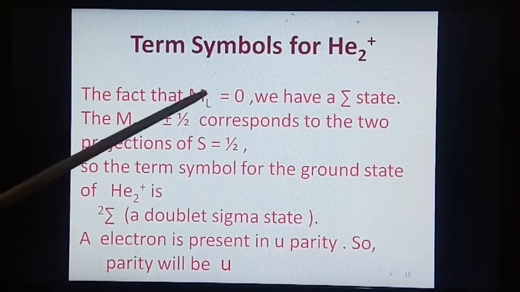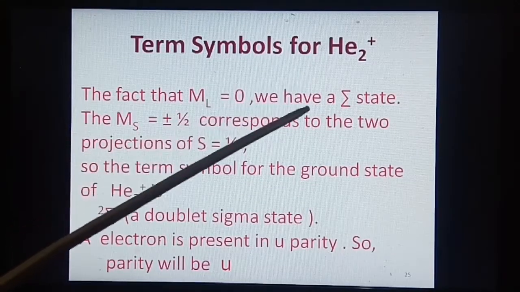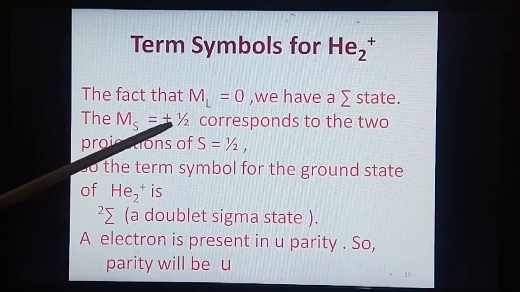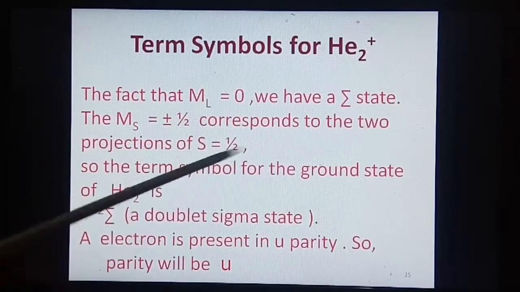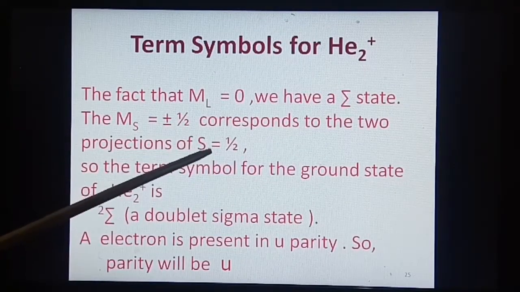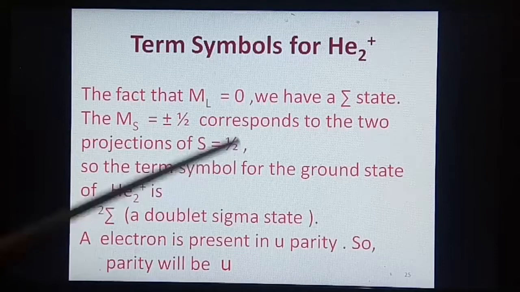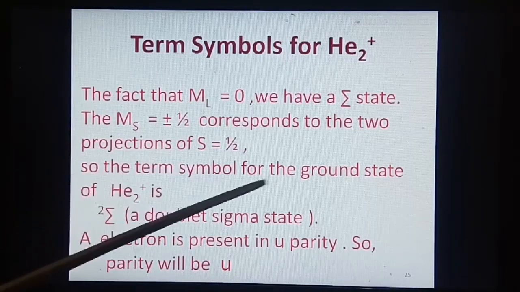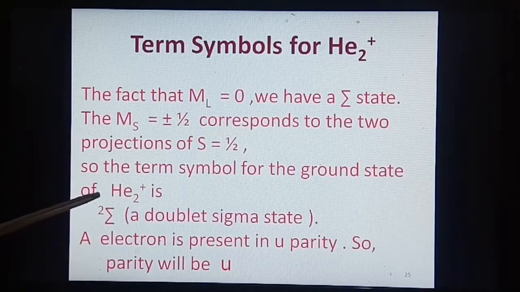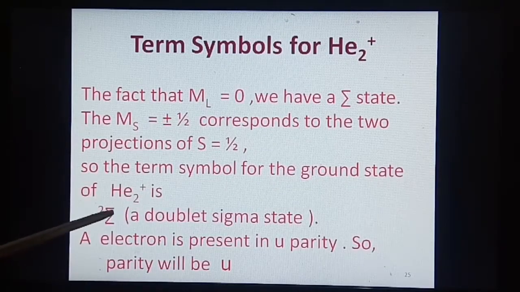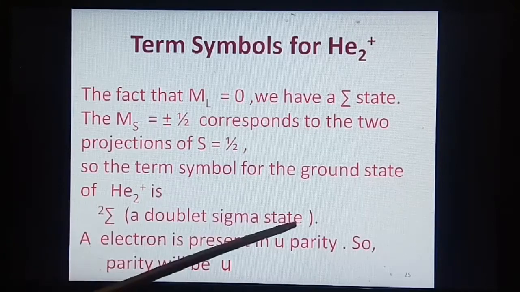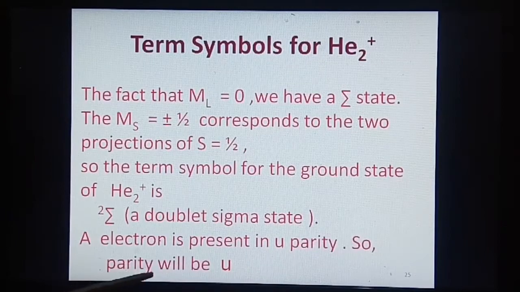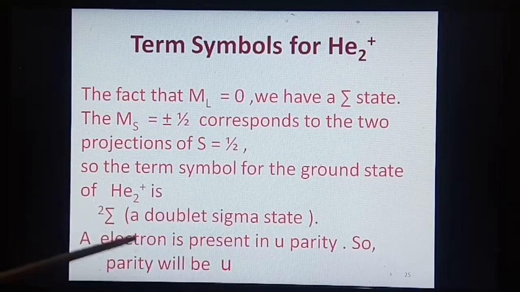The fact that capital ML is equal to 0 means we have a sigma state. The MS equal to plus or minus half corresponds to the two projections of S = 1/2. So the term symbol for the ground state of He2+ is a doublet sigma state. An electron is present in u parity, so the parity will be u.